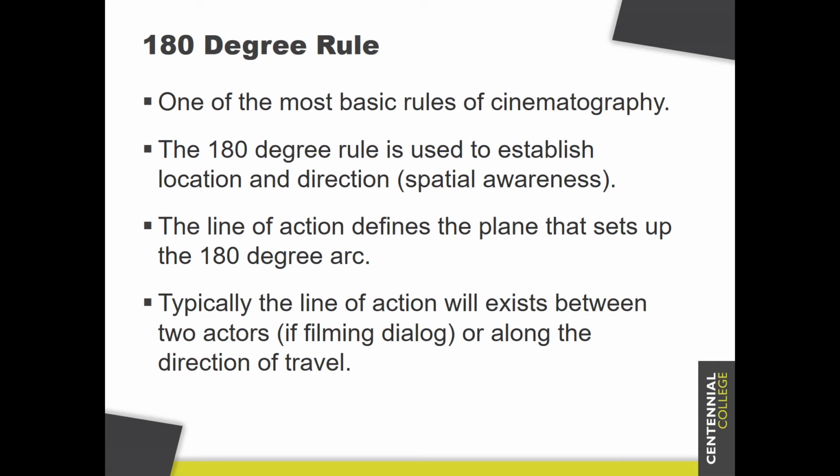But the important thing is that regardless of how many people you have within your scene, you are maintaining their location within screen space, all right? Without maintaining that position within screen space, it's going to cause a lot of issues for your viewer. The viewer is going to become confused about exactly who is where and why they're there. Have they moved around? What's happened here?